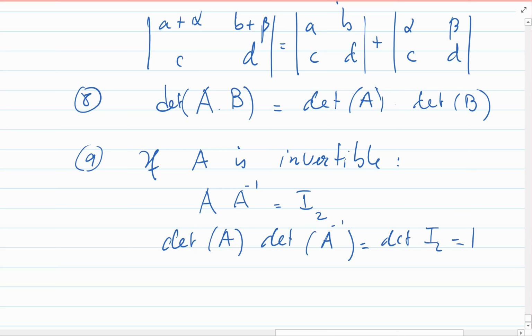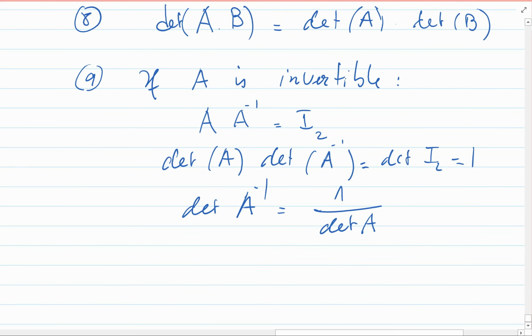So the determinant of A is not equal to 0. We knew that because A is invertible. But what's interesting is that the determinant of A inverse, in fact, is equal to 1 over the determinant of A. So these are basically the basic properties of the determinant of a matrix, okay?